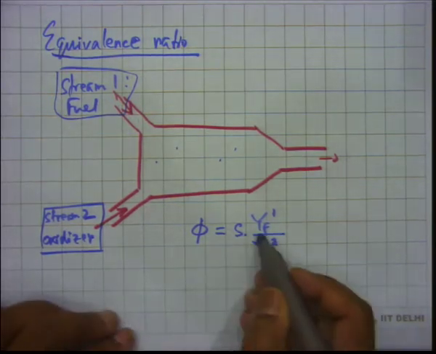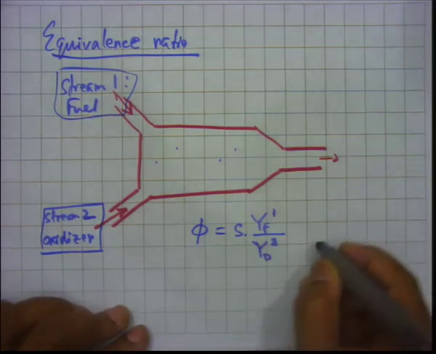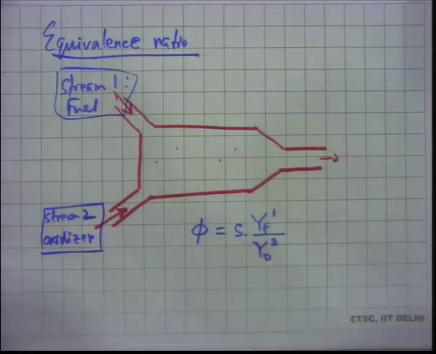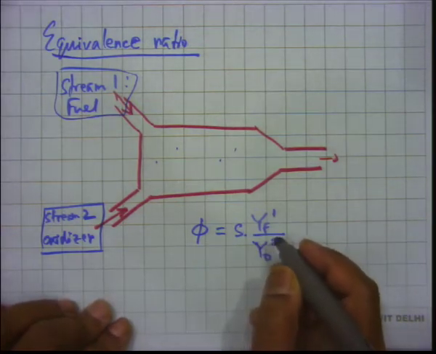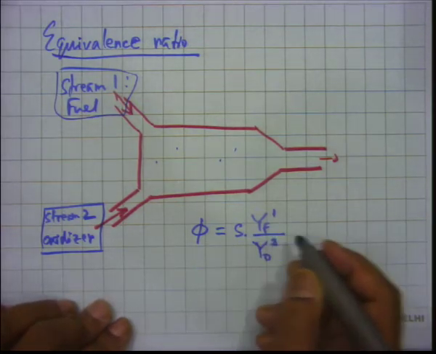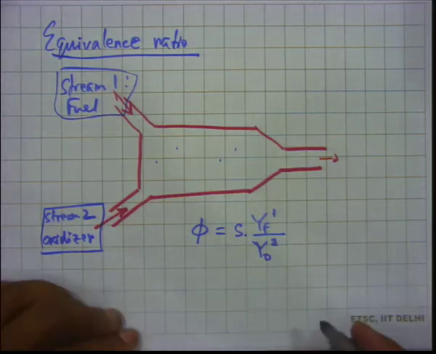So this is phi. Now the thing is, let's also see whether this is similar to anything that we know so far. Is it actually the same as the equivalence ratio that we discussed at the beginning of the semester? Do we know that? What is S?